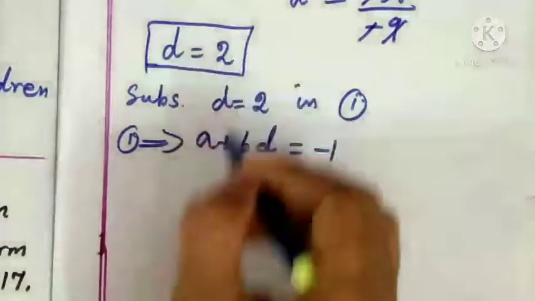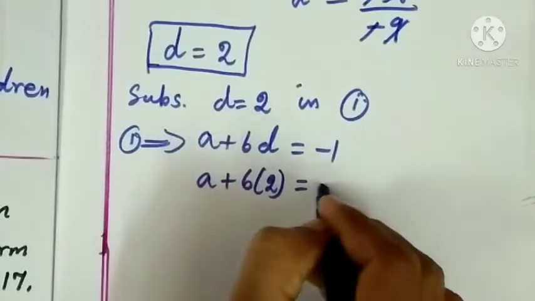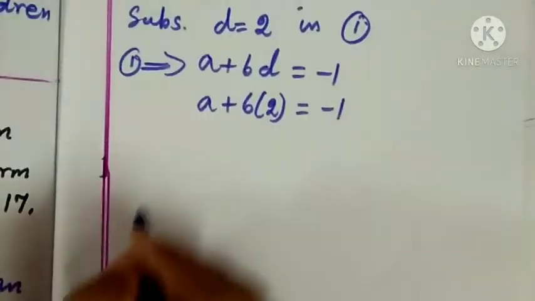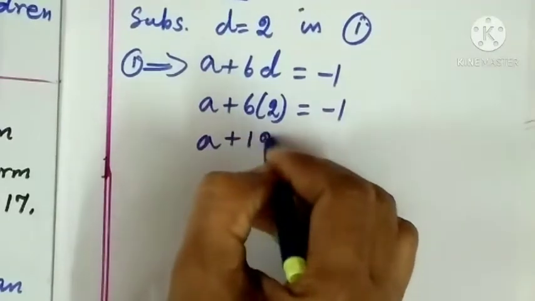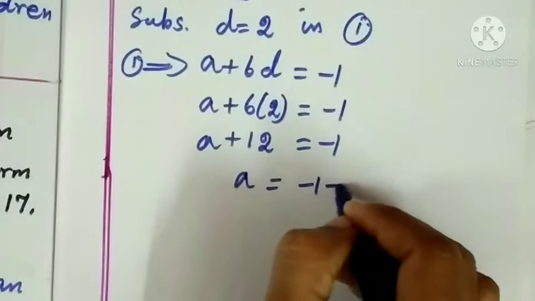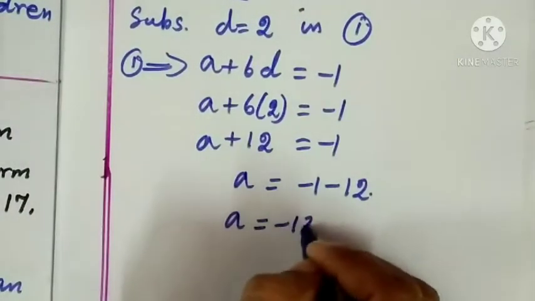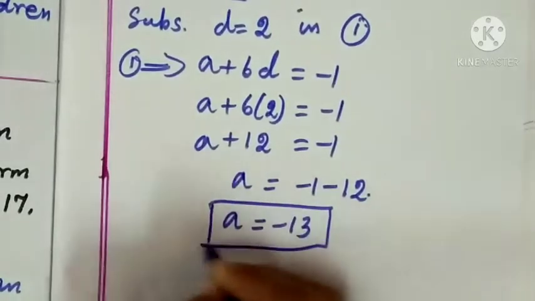Here, the value of d is 2, so a plus 6 into 2 is equal to minus 1. That is, a plus 12 is equal to minus 1. Therefore, a is equal to minus 1 minus 12. Then, the value of a is equal to minus 13.